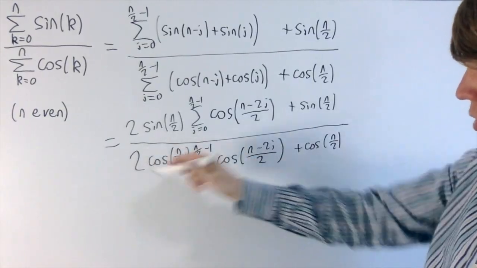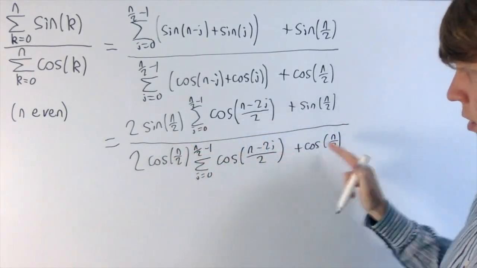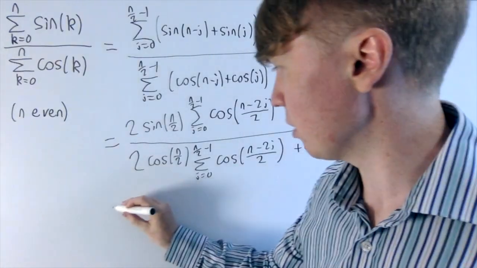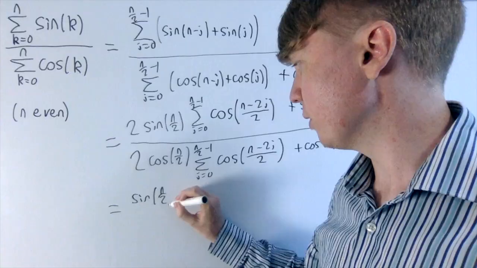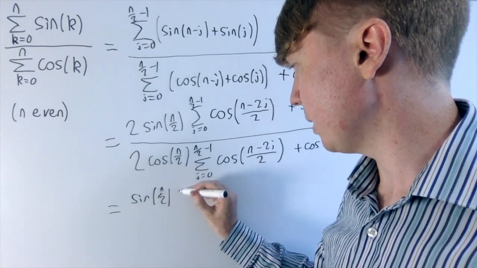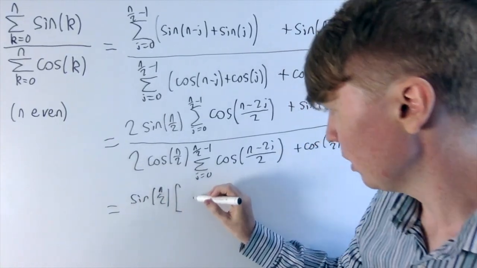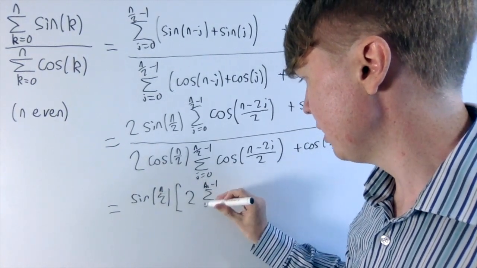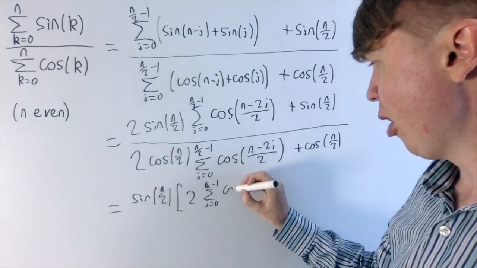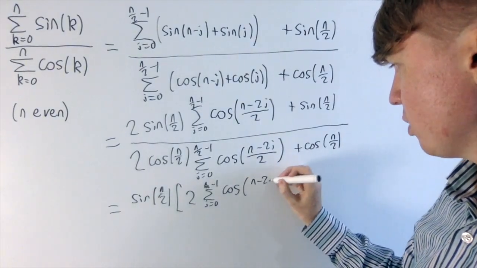So now the 2's don't quite cancel, but we can take out the factor of sine n over 2 and cos n over 2. So that leaves us with sine n over 2, which is being multiplied now by 2 times the sum from 0 to n over 2 minus 1 of cos of n minus 2j over 2.